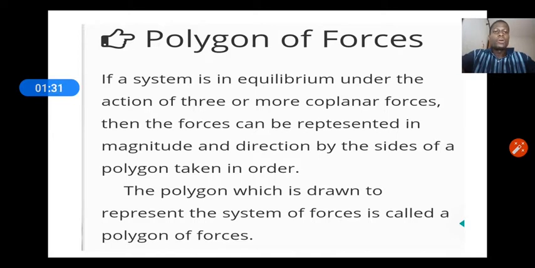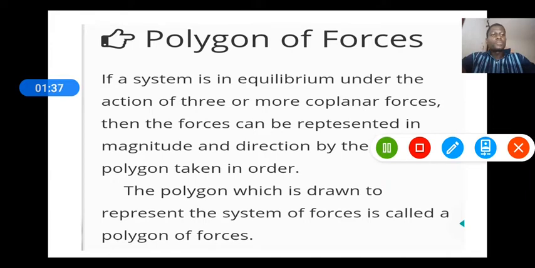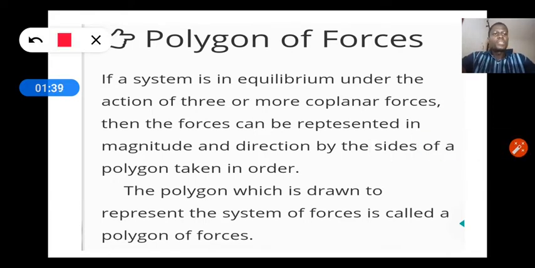The polygon, which is drawn to represent the system of forces, is called polygon of forces. All the forces we are talking about can be represented on the sides of a polygon. That's why we call it polygon of forces.